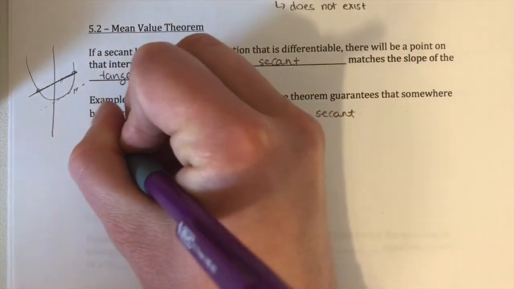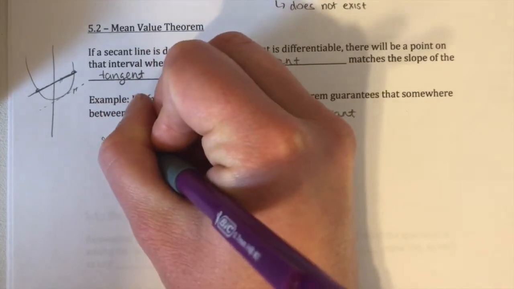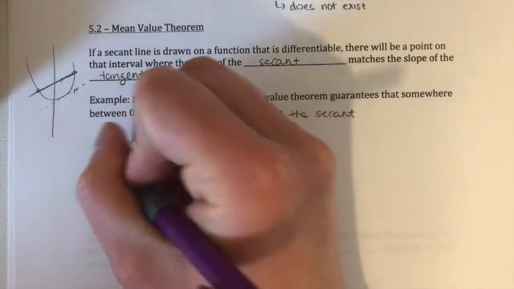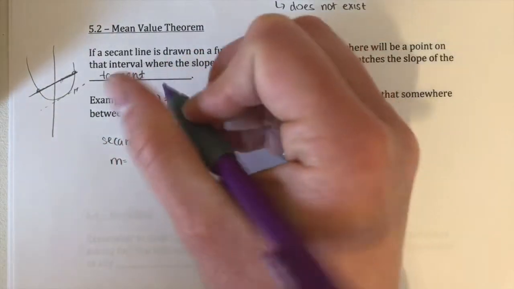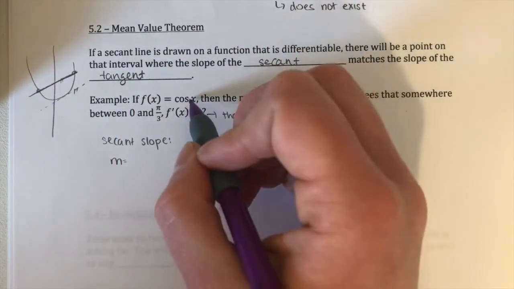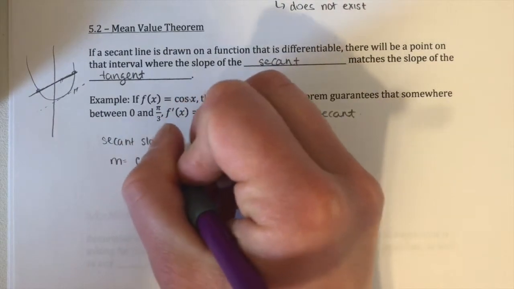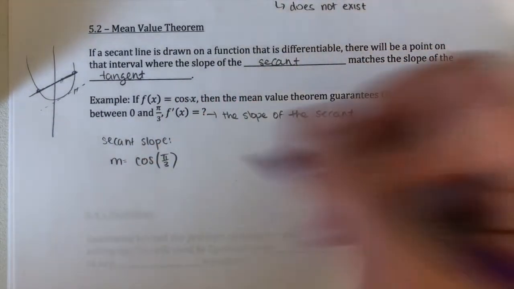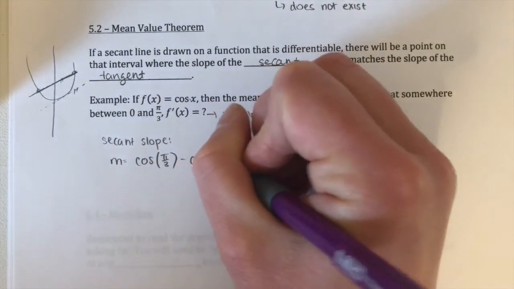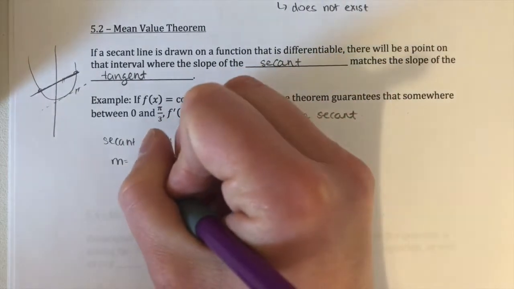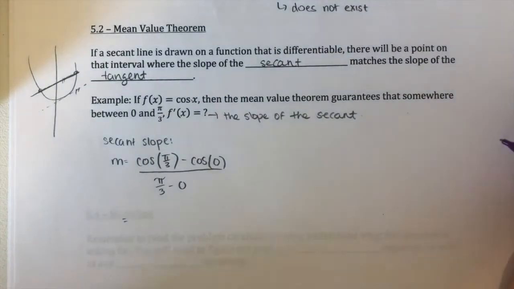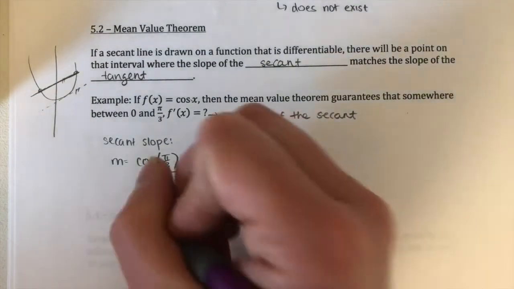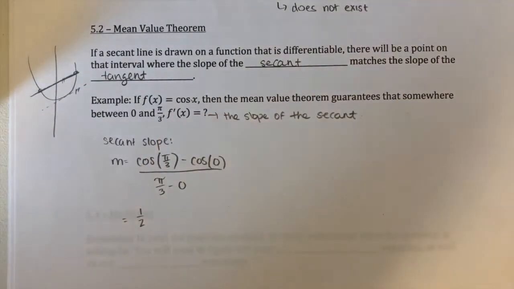So to find that, we're going to say the secant slope m is equal to y2 minus y1 over x2 minus x1. So cos of pi over 3 minus cos of 0, over pi over 3 minus 0. So cos pi over 3, if we think back to math 30, is 1/2.